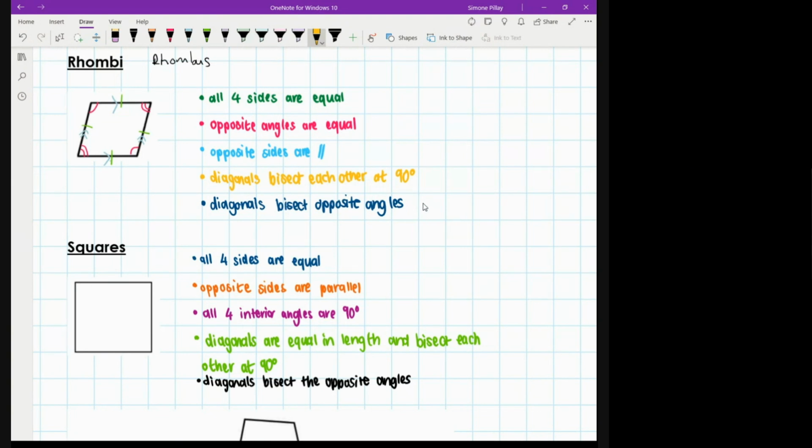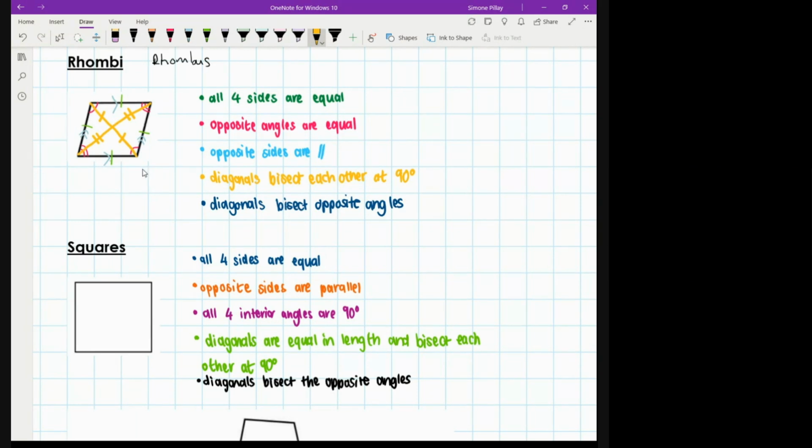Looking at the yellow one, it says that diagonals bisect each other, and they bisect each other at 90 degrees. So if I go and draw in my diagonals, ooh, very skew. Let's attempt that one again. If I draw in my diagonals, they firstly bisect each other. So this part will be equal to this part because my line has been cut in half. And this line has also been cut in half.